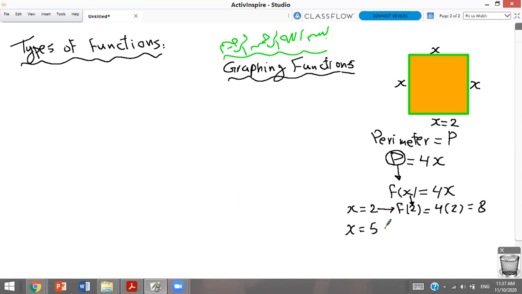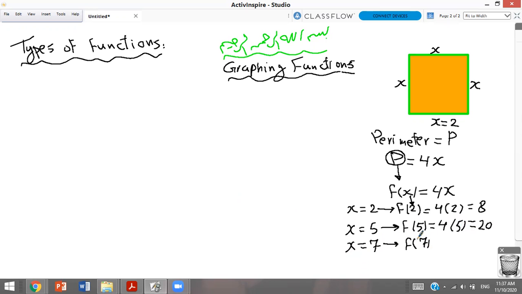Then here, if we change the value of x, like 5, what is the value of the function? It will be 4 times 5. What is the answer? Yes, it will be 20. If you put x equals 7, it will be f of 7.